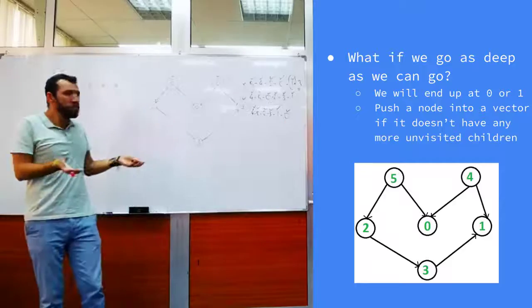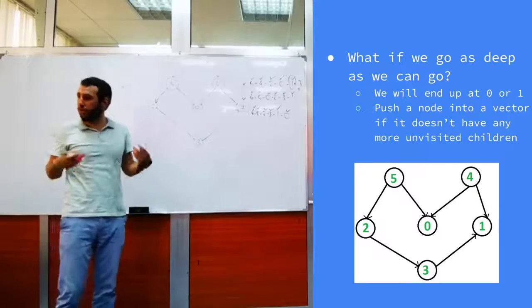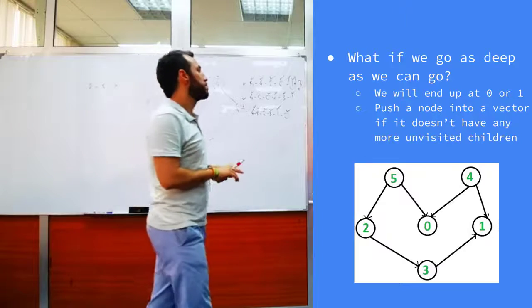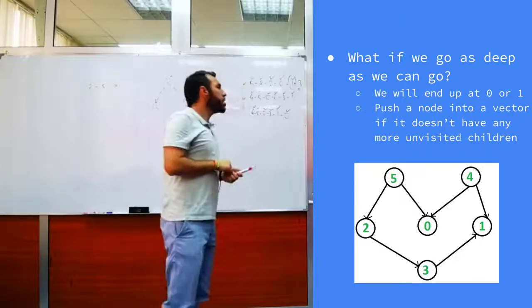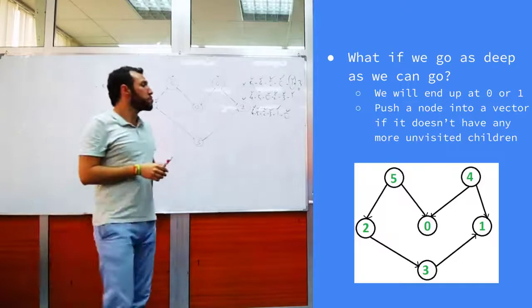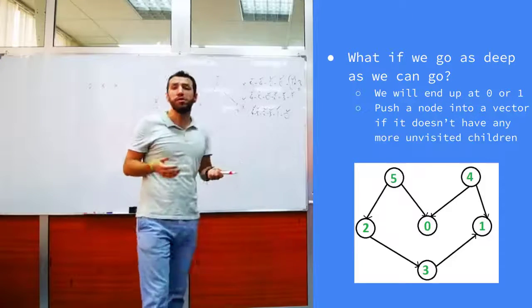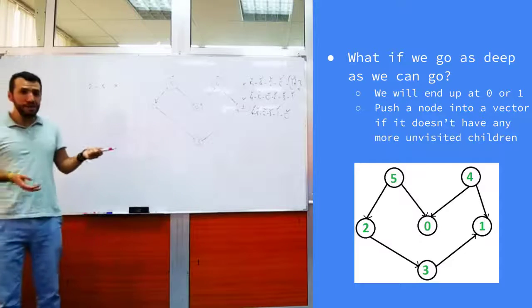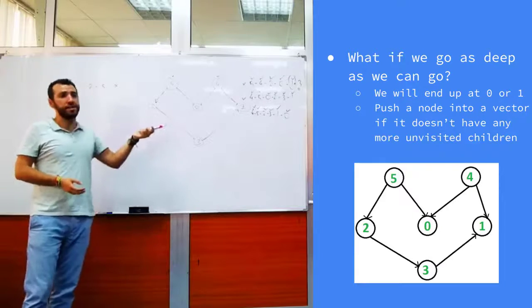So, what do we do with this topological order? Why do we care about this? Now let's think of some applications. Let's say we want to do some prioritization among jobs. Or we are trying to build a curriculum for software engineering students. Some courses are prerequisites of the others, right?